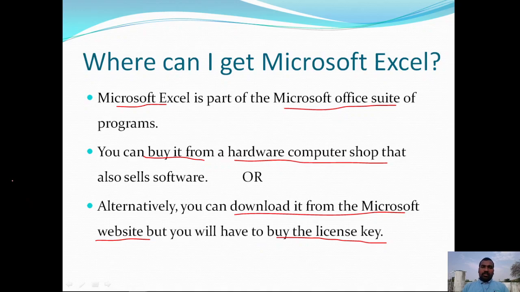So one thing I am going to tell you is that this Microsoft Office Suite is proprietary software. It is not freeware. So you need to know what freeware is.